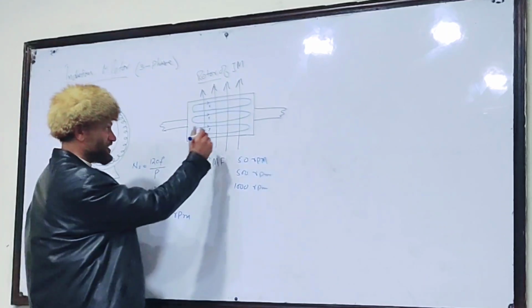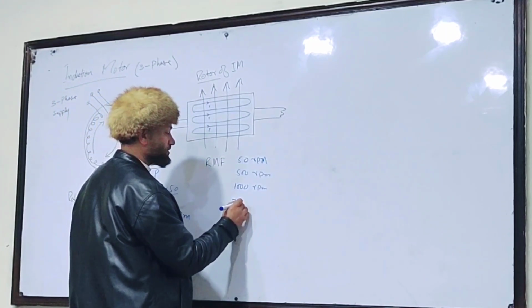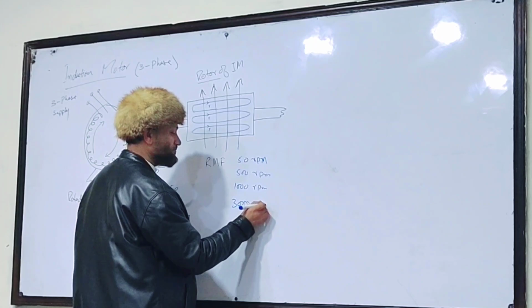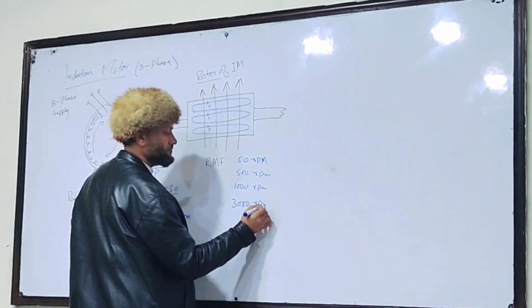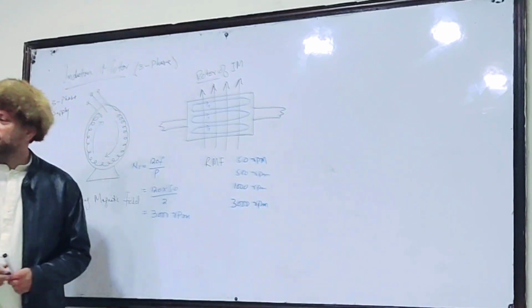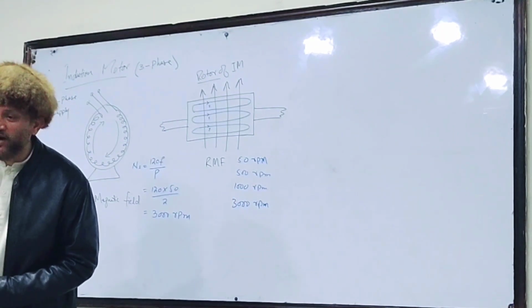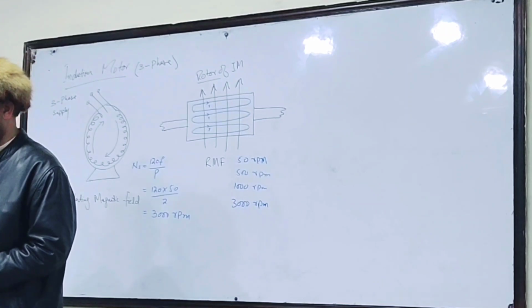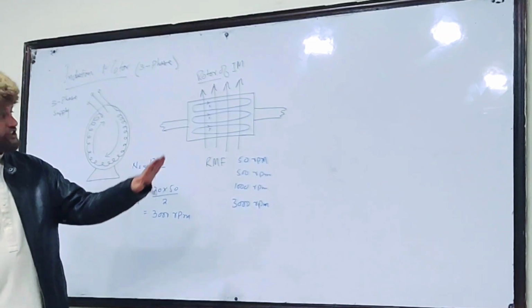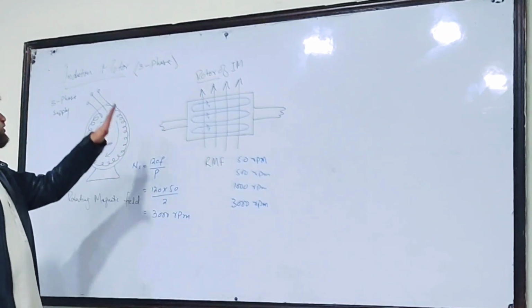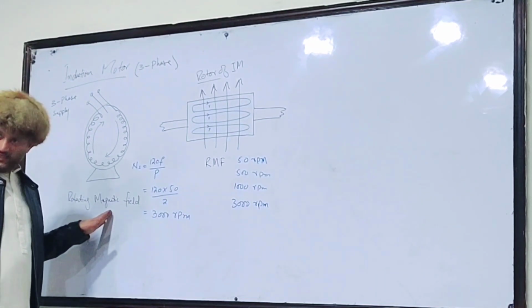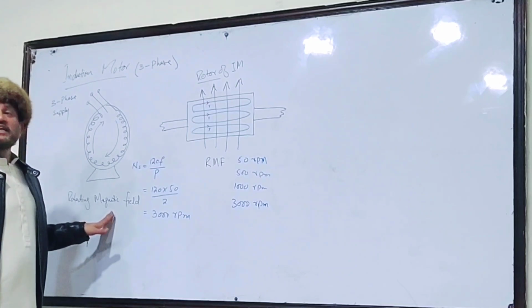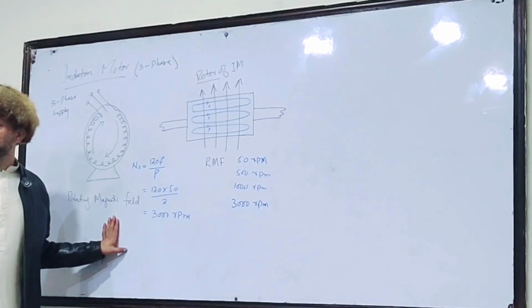Until and unless this rotor speed reaches 3000 RPM. It is a very important turning point in the induction motor, when the rotor speed is equal to the rotating magnetic field speed. Understand my point? The relative speed is 0 now.